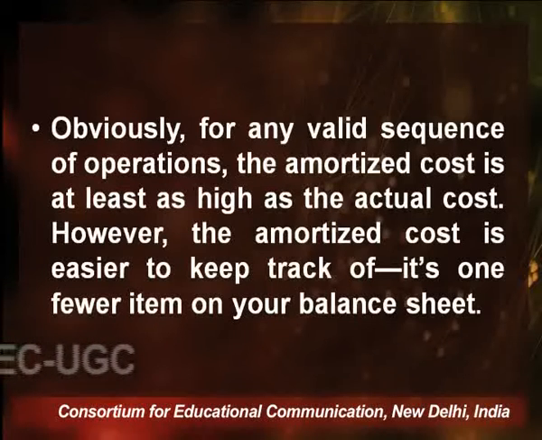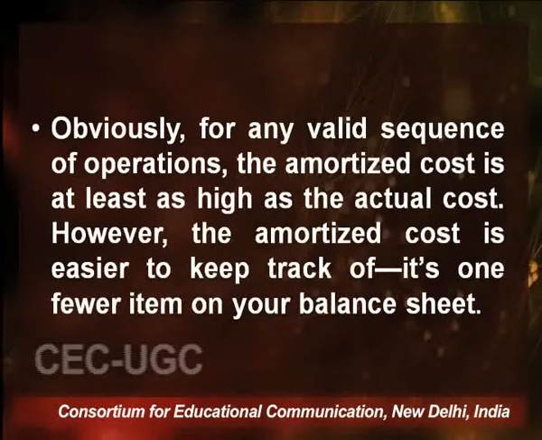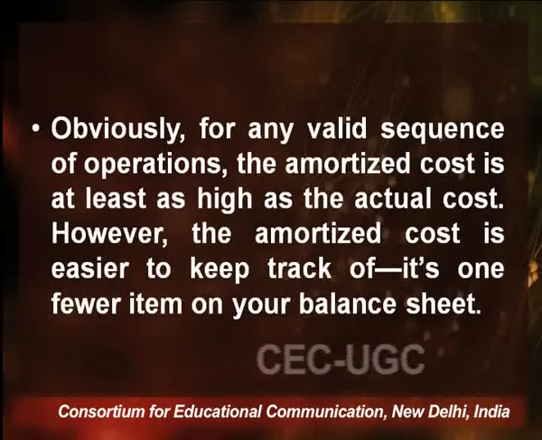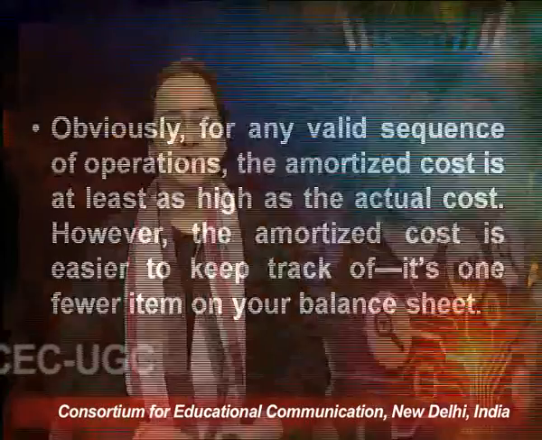So we are talking about a sequence of operations here, not the individual operation, because if you consider an individual operation, this claim does not hold, since in our recent example the amortized cost of mailing a letter is 0 while the actual cost is 44 units. So when I say that the amortized cost is at least as high as the actual cost, I am talking about a sequence of operations, not any individual operation.